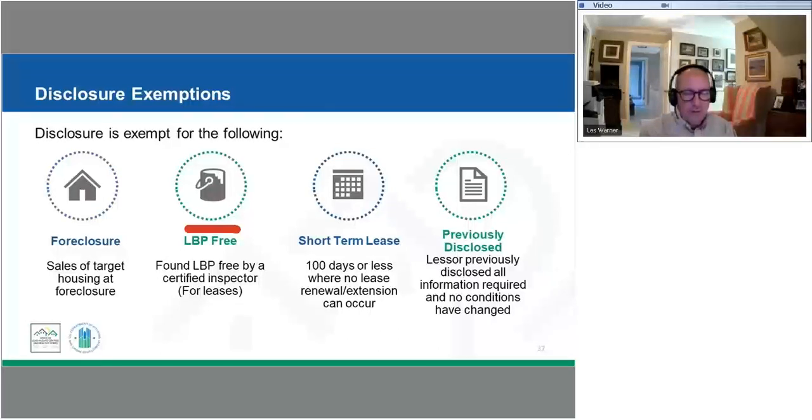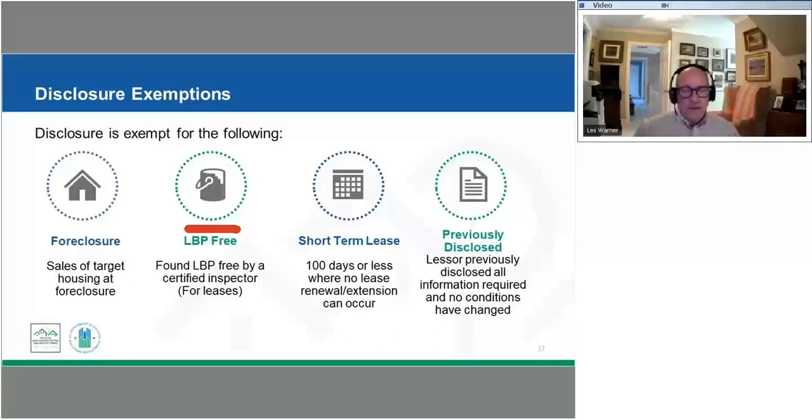So I just want to reiterate that this has to be documented that it is lead-free, and we would need to have that documentation in place to be able to demonstrate why we are not providing those disclosures and following the rest of the requirements under Subpart H. But also this key term of lead-free. That means it never had lead in that unit, and our inspection is confirming that, or this is a property that has been abated and all lead has been removed from that property.